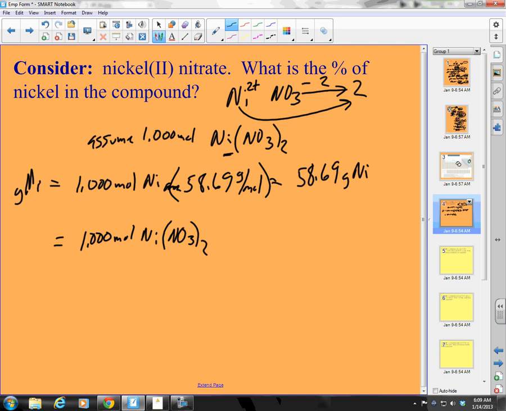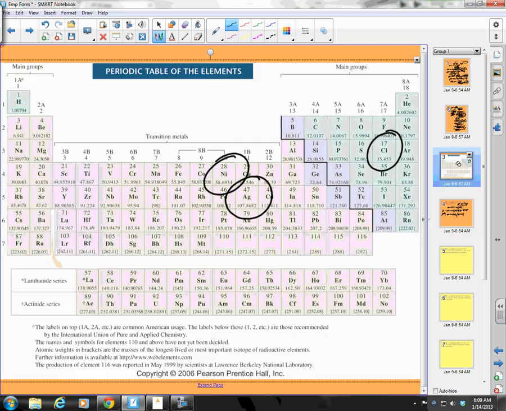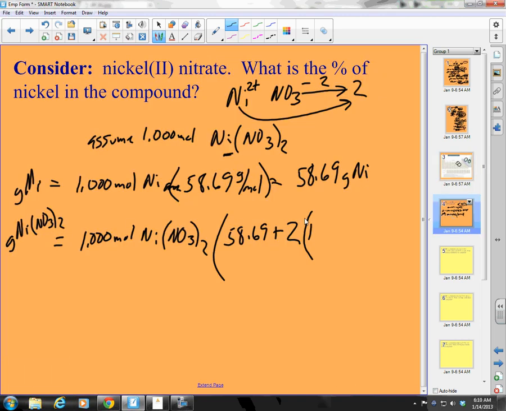So I have to multiply that. I want grams of nickel 2 nitrate. How do I get that? I need to multiply by its molar mass. So that'd be 58.69 times what? Well, I'm going to have plus 2 times my nitrate. So nitrogen is what? Go to nitrogen. 14.01 plus what?